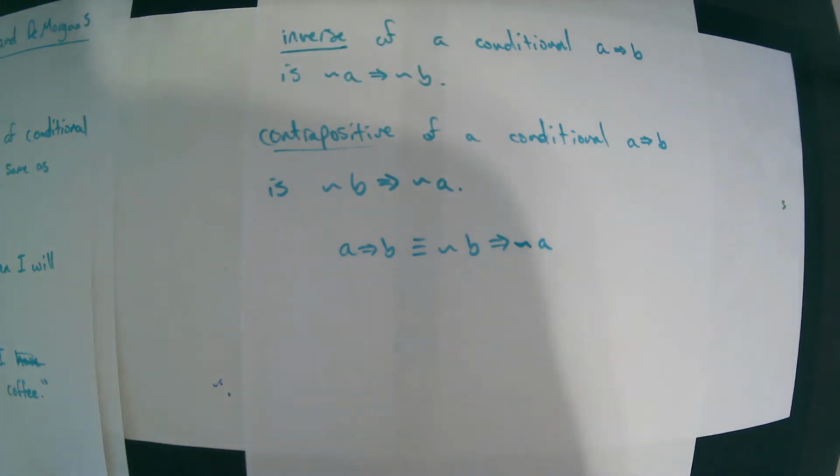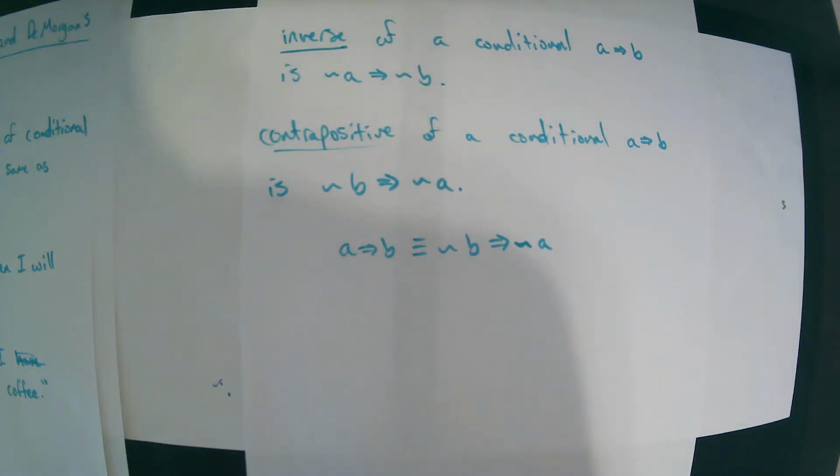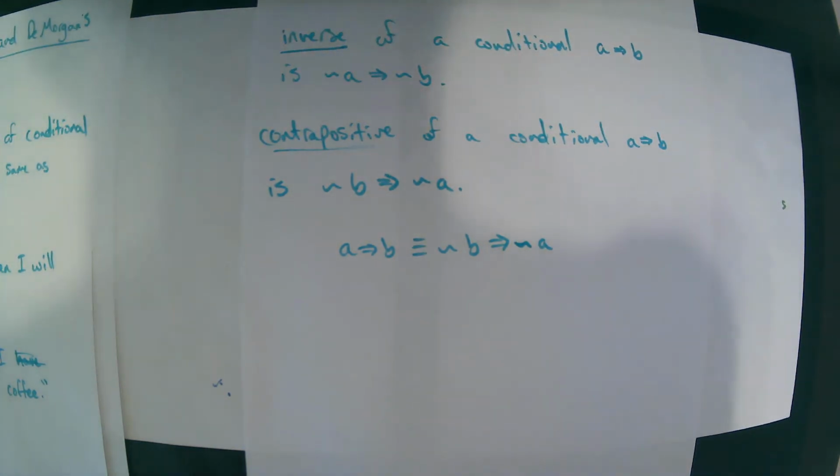Example 2, yeah, same thing. Except there is a negative built into that first statement. In my hint, I said you can let P be I can find my phone, and Q be my phone is in the car.